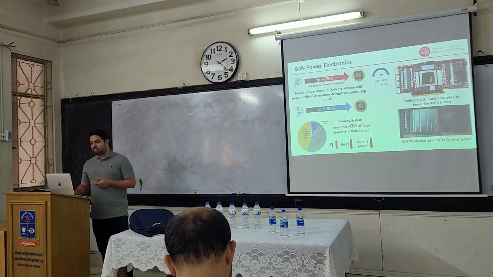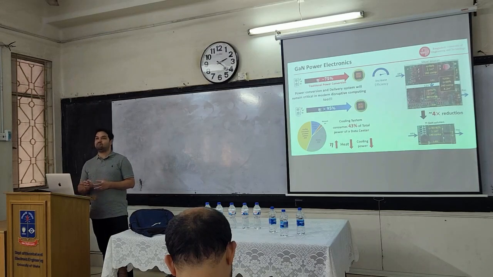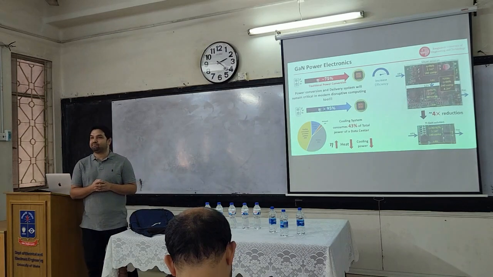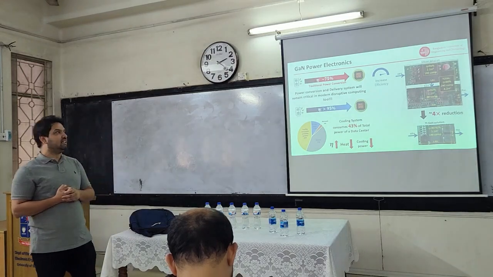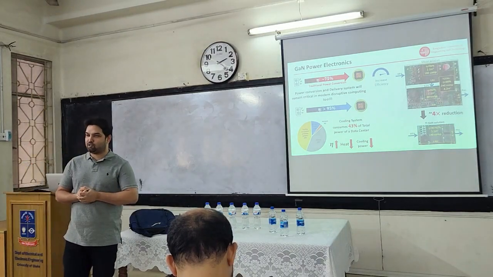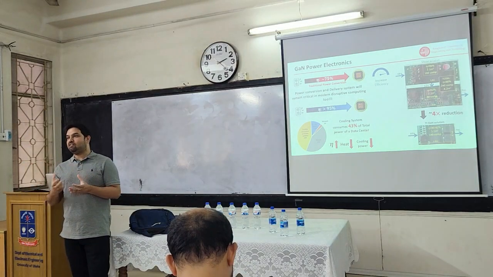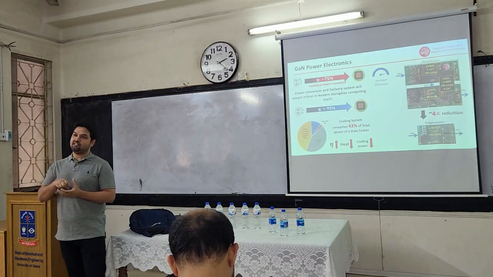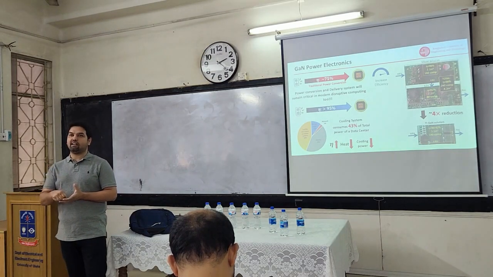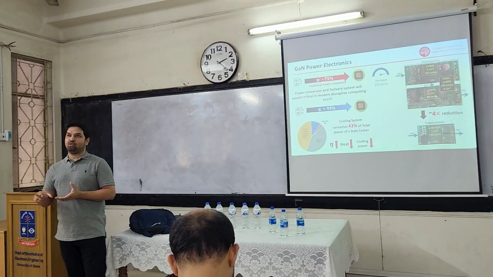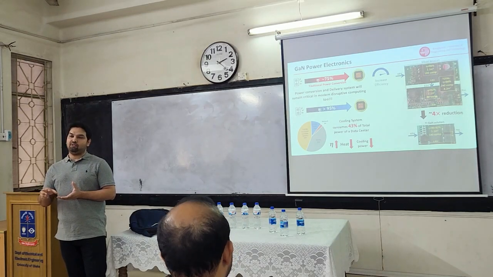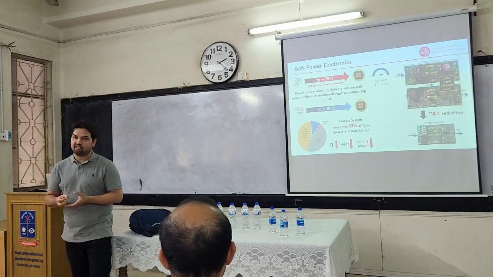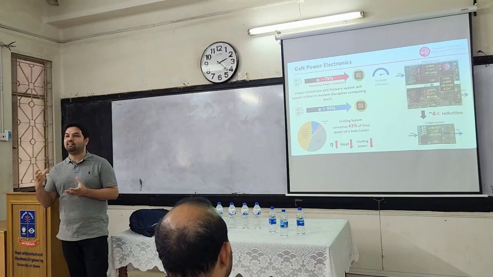So when you use technology like gallium nitride, you can make the system smaller. Why? This is a very fundamental thing. The way a DC-DC converter works is basically you put the energy in the inductor and the capacitor. If you have to put in more energy, the inductor and capacitor size has to be big.